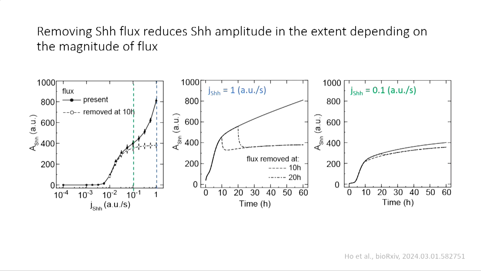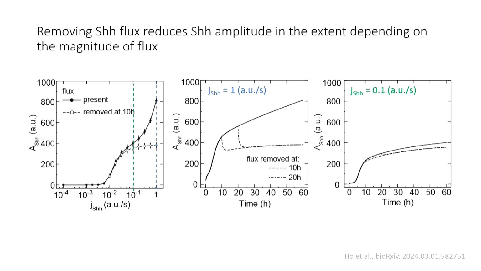This shows you that having the flux from the notochord, continuously provided to the system, and also having the floor plate producing Sonic Hedgehog, you have two sources of Sonic Hedgehog in the system. And now, if you remove the flux, leave the floor plate, then if this flux was high, you have a drop in the amplitude. And this is Sonic Hedgehog that remains, and this is Sonic Hedgehog produced by the floor plate.